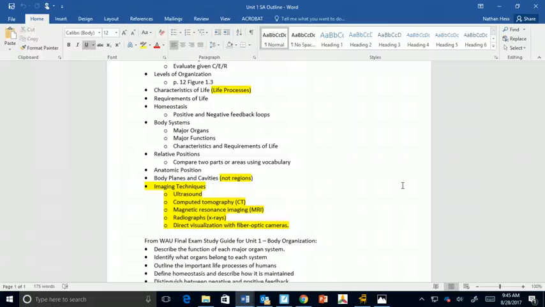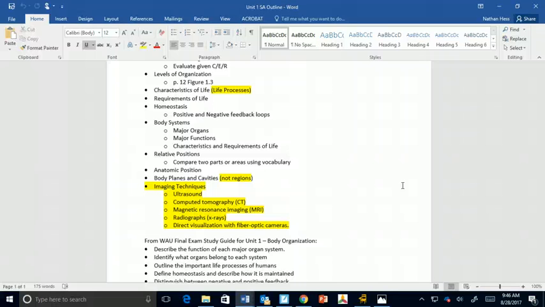A CT scan is like an X-ray, but it's just in multiple layers. So you can get a little more three-dimensionalness to that. It's using the same rays, the same energy as an X-ray is, but it's looking at different layers like an MRI is. MRI is using magnetics, right? You're using actual magnets to create polarities in the body so you can see.